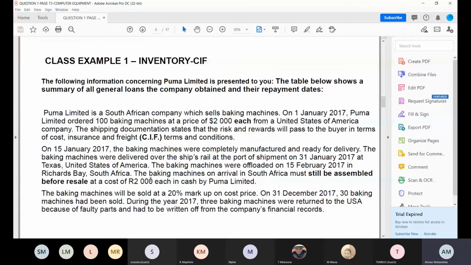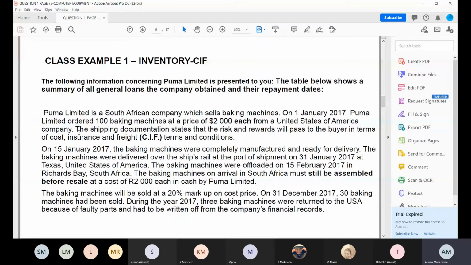That means baking machines are inventory to them. Then on 1st January 2017, Puma Limited ordered 100 baking machines at a price of $2,000 each from the US. So on the 1st of January, they ordered the inventory, which is baking machines, 100 of those machines, and the price in US dollars is 2,000.